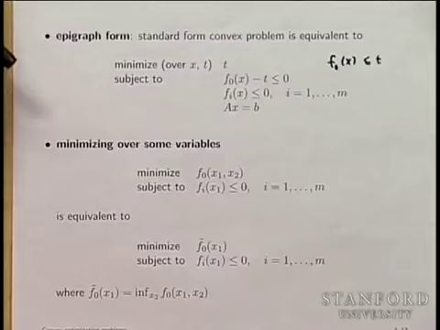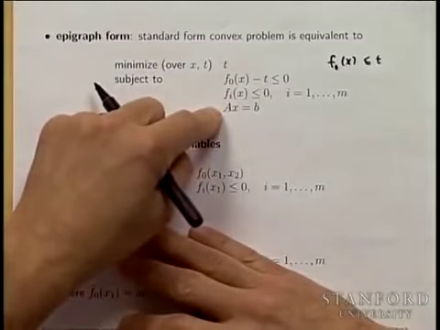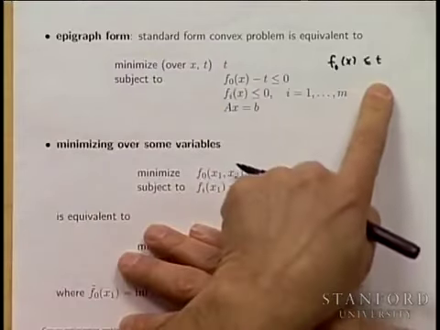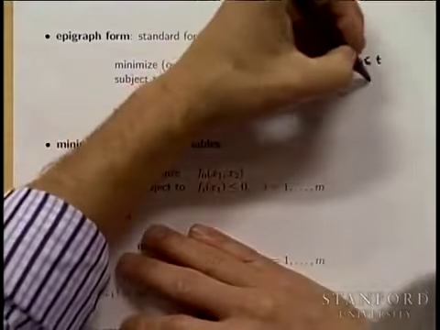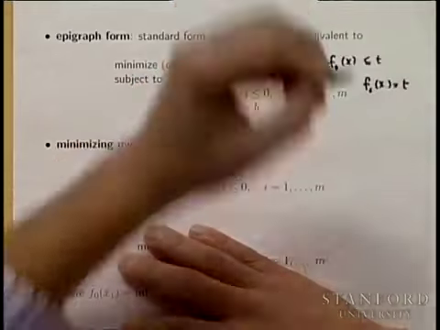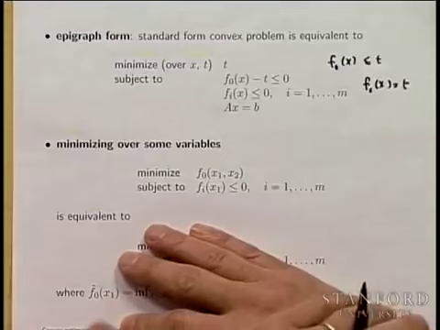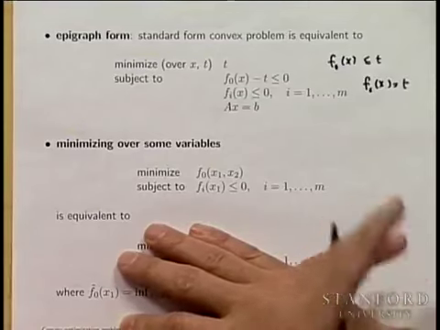Now, this is kind of dumb, because you'd be an idiot to choose any t other than f0 of x equals t. Not an idiot, it's just that such a t couldn't possibly be optimal, because your goal is to minimize t.